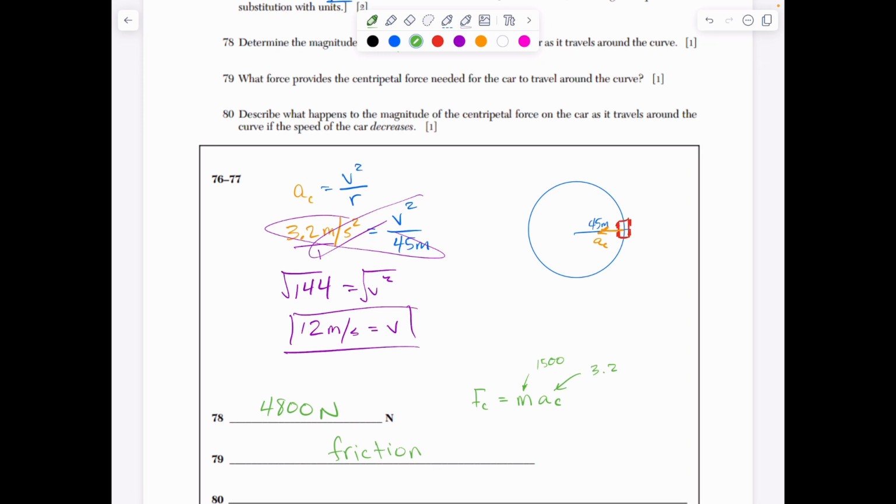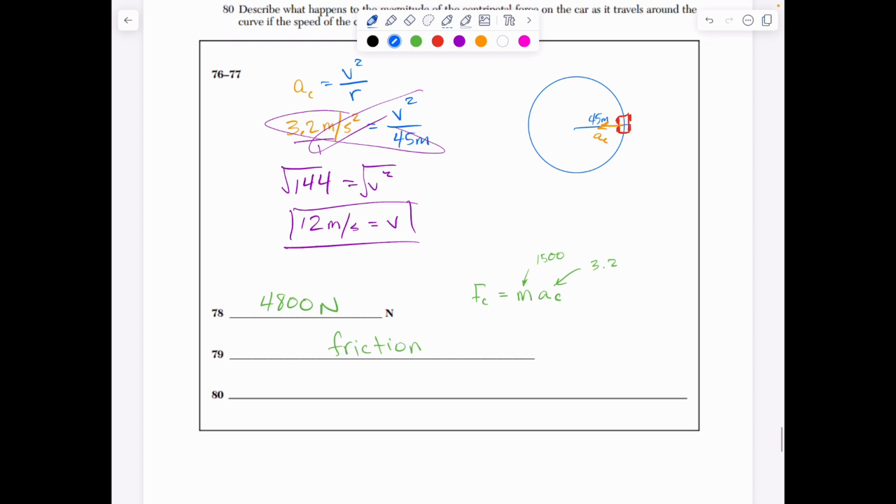Okay, and 80 says, describe what happens to the magnitude of the centripetal force on the car as it travels around the curve if the speed of the car decreases. So as speed goes down, I'm going to rewrite our AC calculation. AC is V squared over R. So if this top number gets smaller, then AC also gets smaller, right?